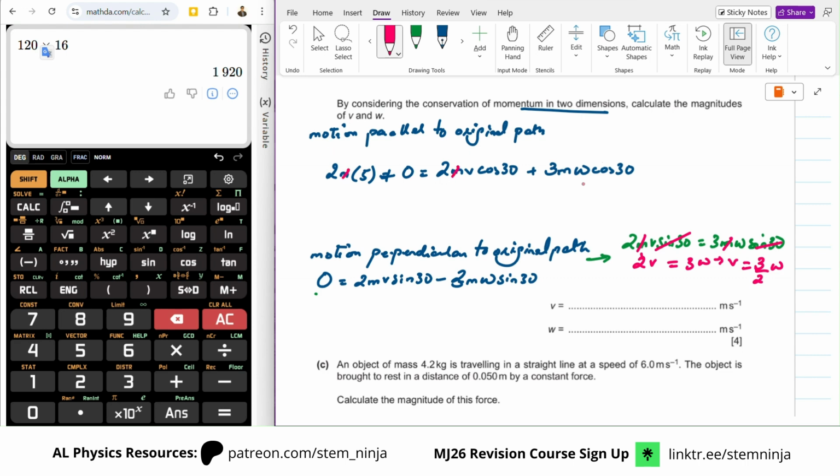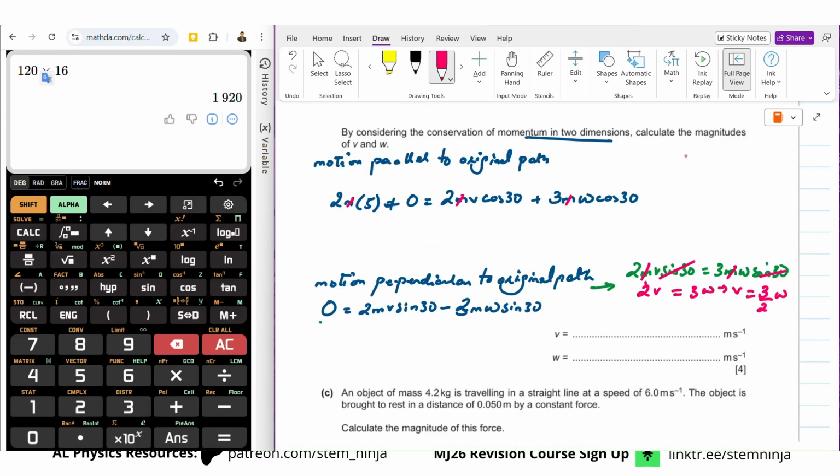Again, mass gets cancelled. So we know that cos of 30 is root 3 by 2. You can just verify right from the calculator. And if you're doing A-level maths, you should know the cos, sine, tan of common angles. So this becomes 10 equals 2 times cos of 30.